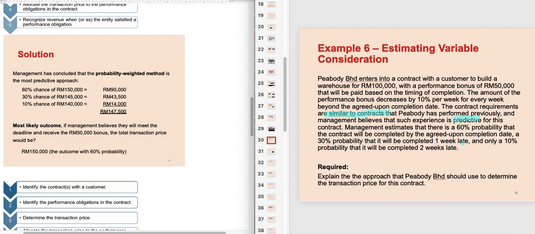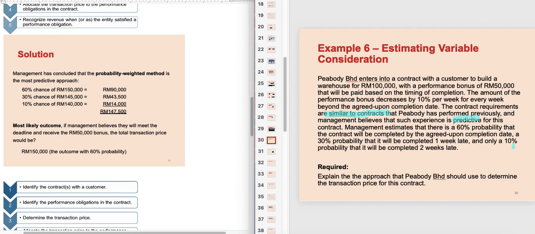So if it is 1 week late, it will be minus 10% from the 50,000. So here a 30% probability of getting 145,000. That means 100,000 is the transaction price, and 50,000 minus 5,000 for 1 week delay, that means you only get 45,000. So times 30%, you get 43,500.